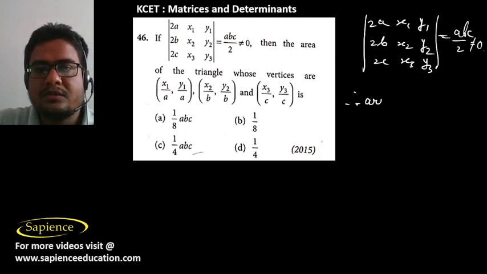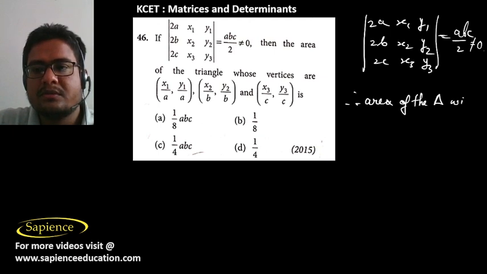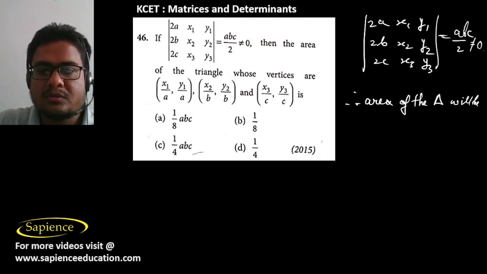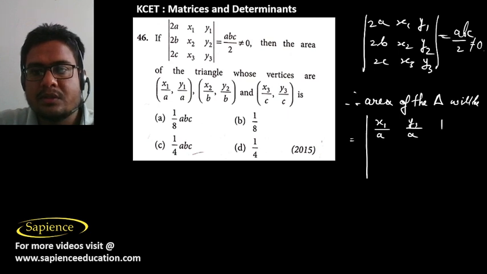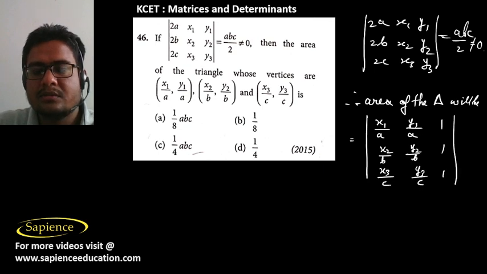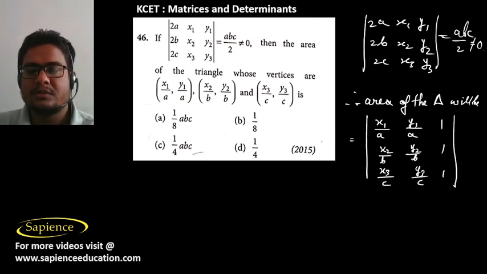Therefore, the area of the triangle will be equal to the determinant of [x1 by a, y1 by a, 1; x2 by b, y2 by b, 1; x3 by c, y3 by c, 1]. You have to find this.